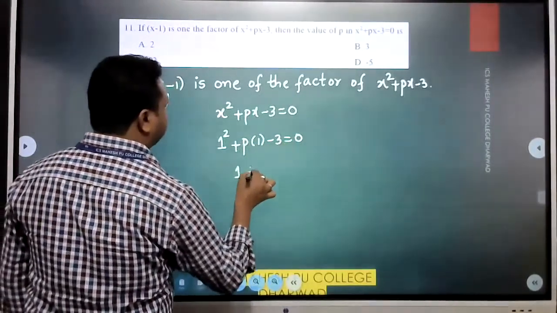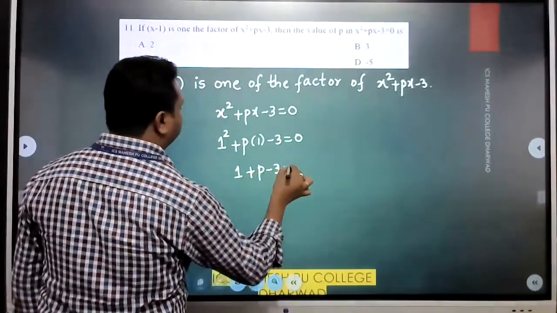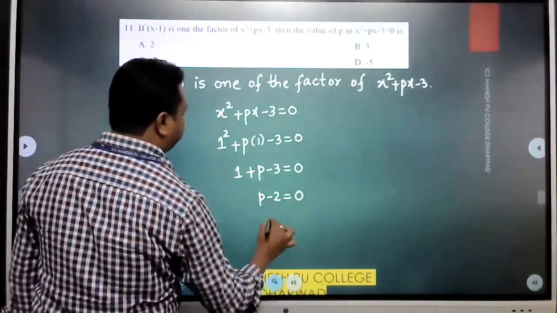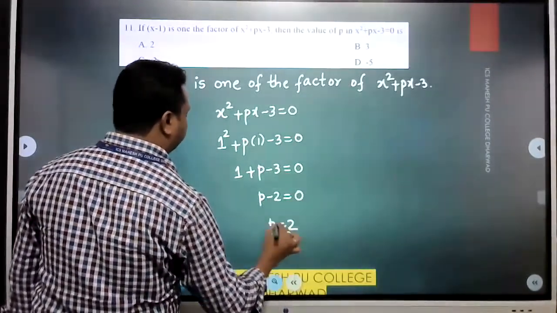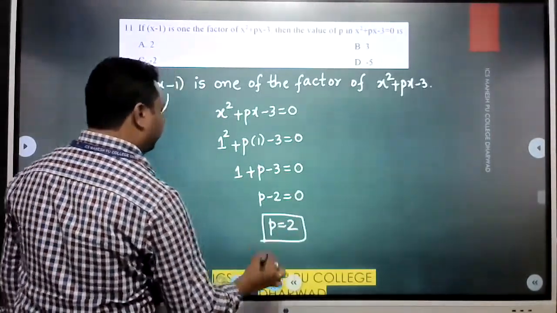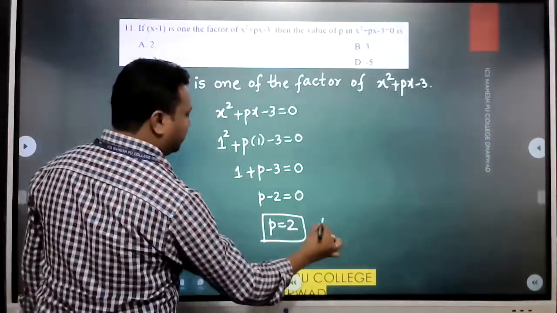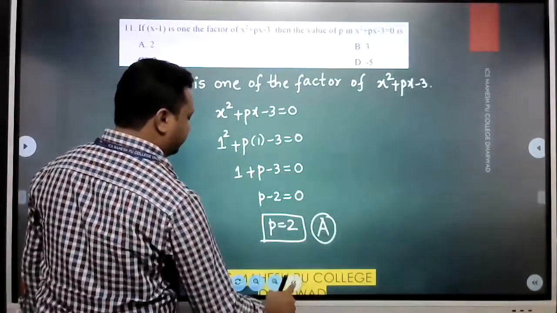So 1 plus p minus 3 equal to 0. Hence p minus 2 equal to 0. Hence p must be equal to 2. As p is equal to 2, I'll go with option A as correct.